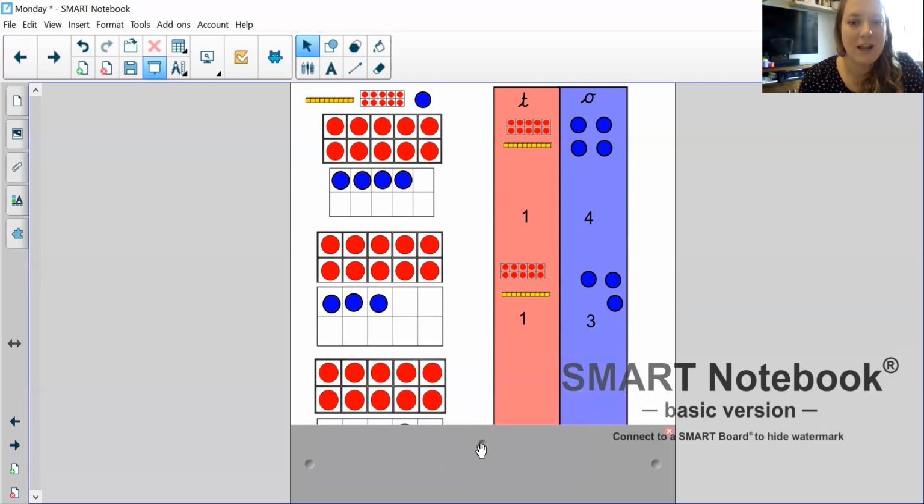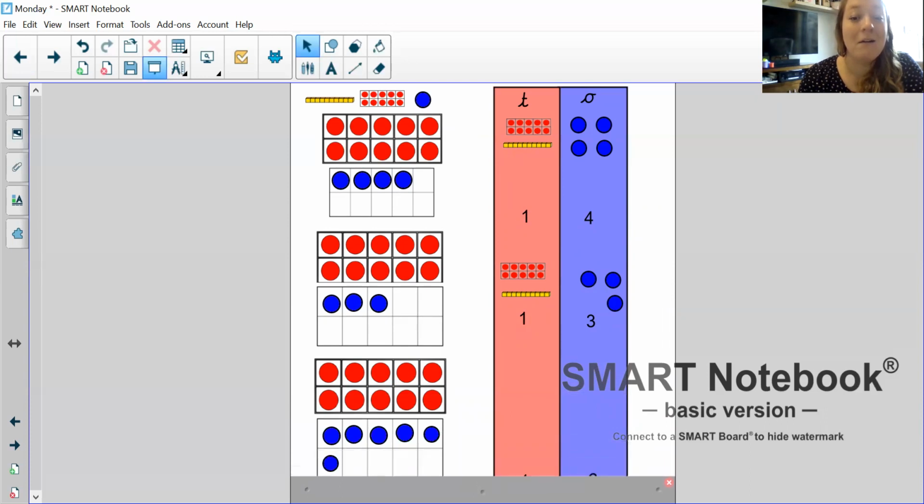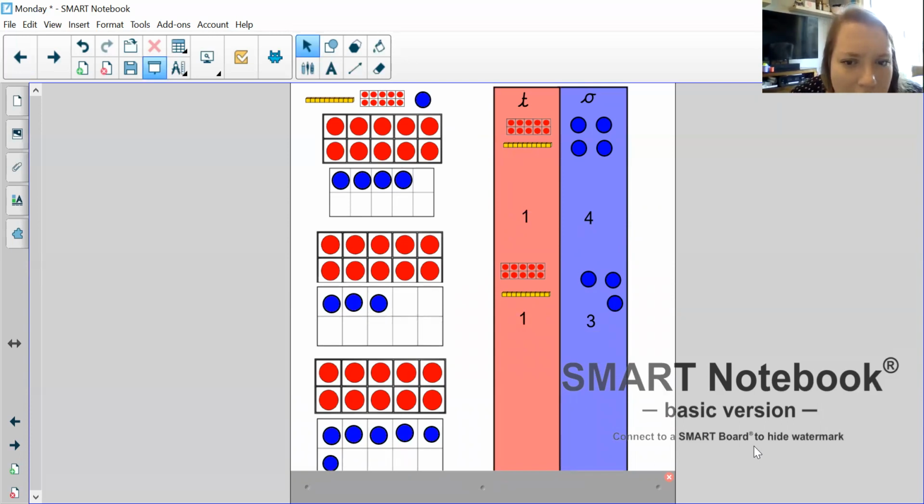Let's have a look at the next one. Oh, there we go. Oh, it's a bit of a bigger number now, isn't it? So how many tens are there? Let's have a look. There's only one tens frame that's full. So I have 1 10. I'm going to move that across.